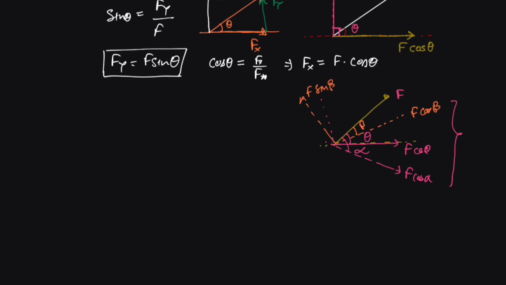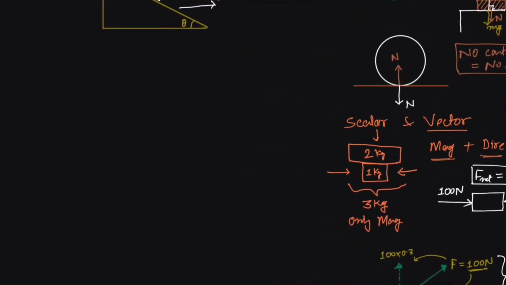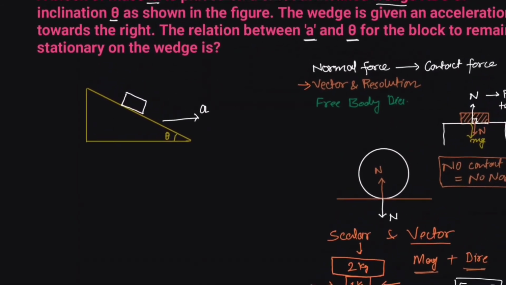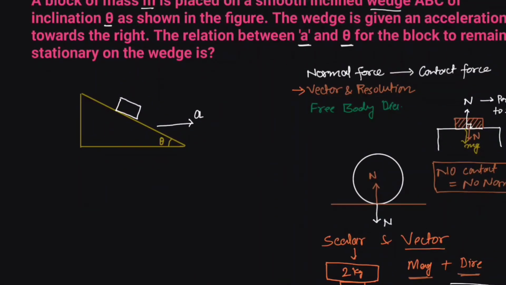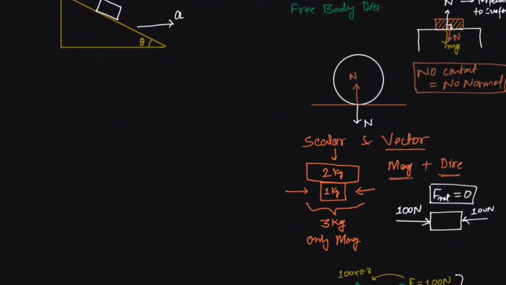Now let us move on to the question. Or before that, we would learn free body diagram. Free body diagram is nothing but a diagram showing representation of various forces acting on a single body. Suppose this is a table, this is a book.